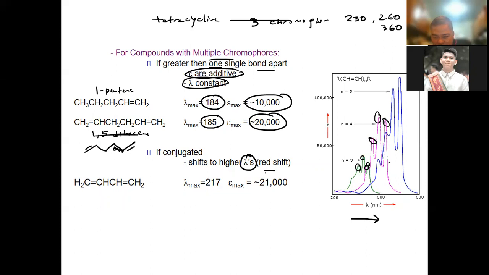And then this one, you have 1, 2, 3, 4, and maybe this one, the fifth. And they are useful to determine the absorbance, or we could say the concentration. But usually, which chromophore are you going to use?